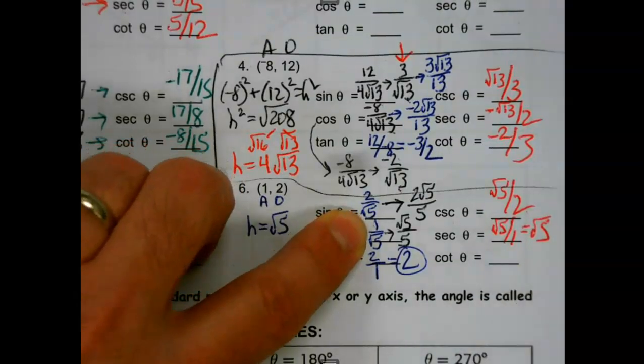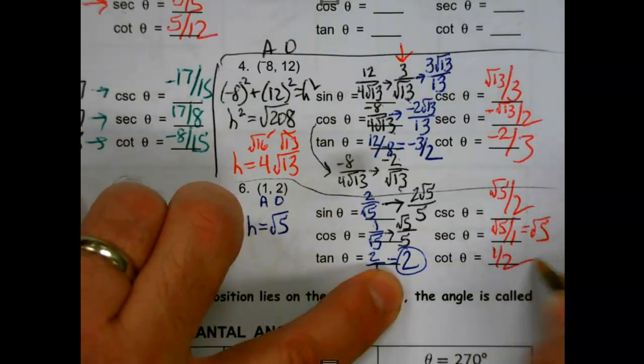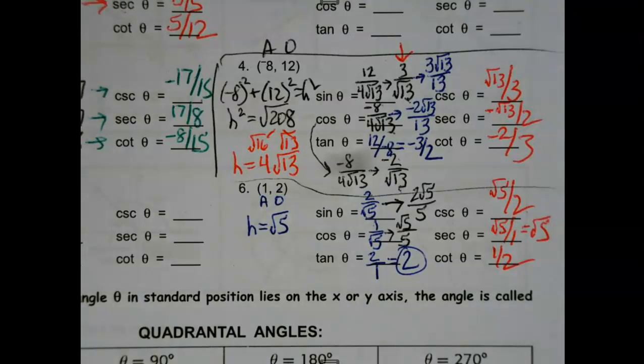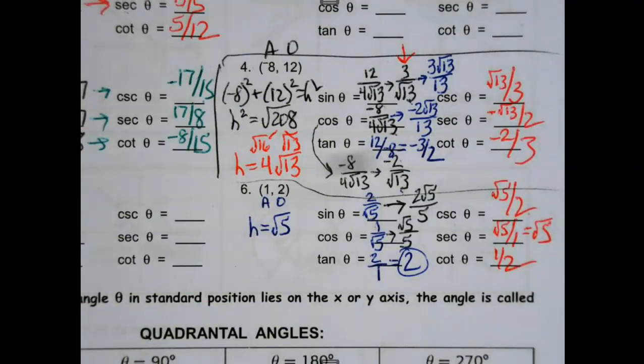Not bad if you put it over 1. And then 1 over 2 for my cotangent. So rationalizing probably is the only thing that would be kind of screwy when we're dealing with that. But otherwise, it's not going to be anything too terribly awful when we're going through with those. But again, practice will make that easier as you go.